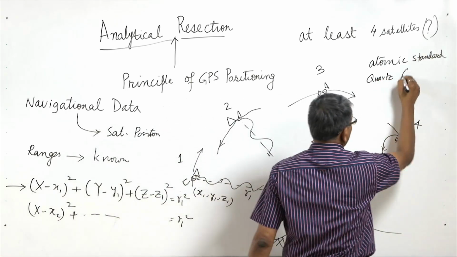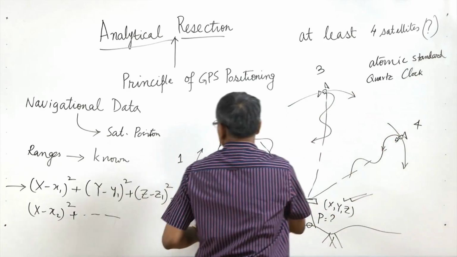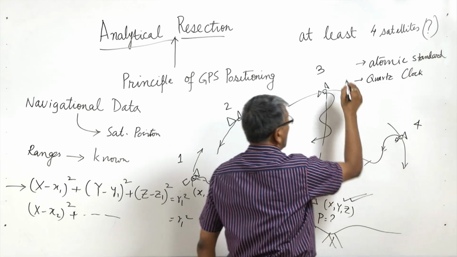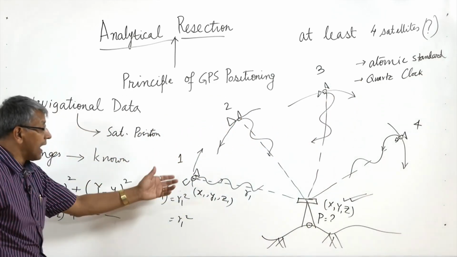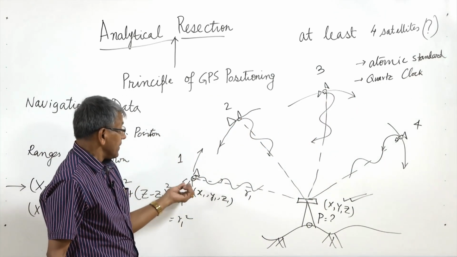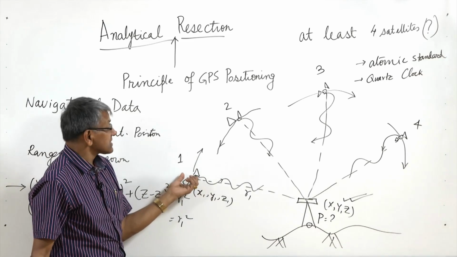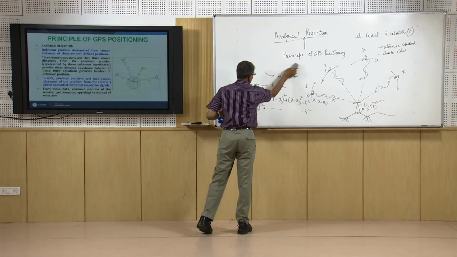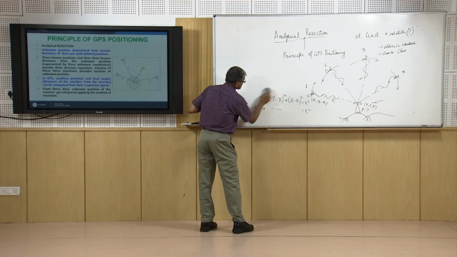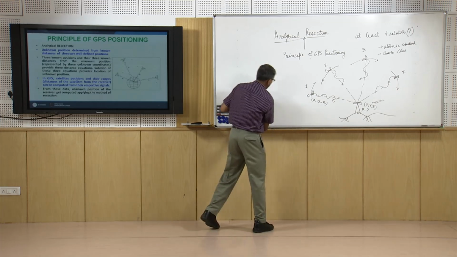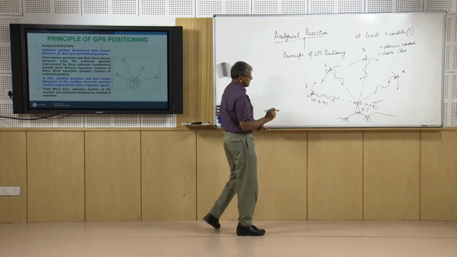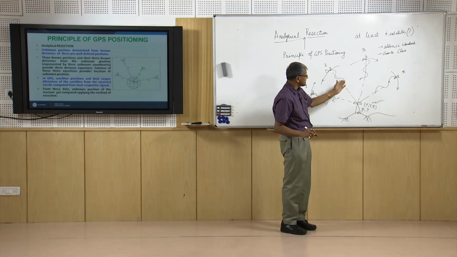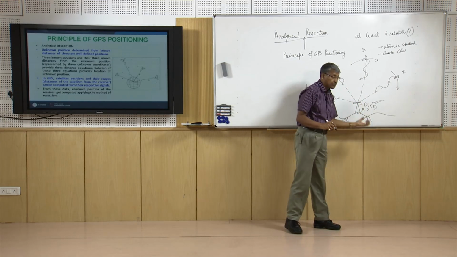So there lies a lot of discrepancy in measurement of time between the satellite system and the receiver system. But one thing is that, because the signals are received by the same receiver, the discrepancy in measurement of time will be identical for all the signals coming from all the satellites to the same receiver.